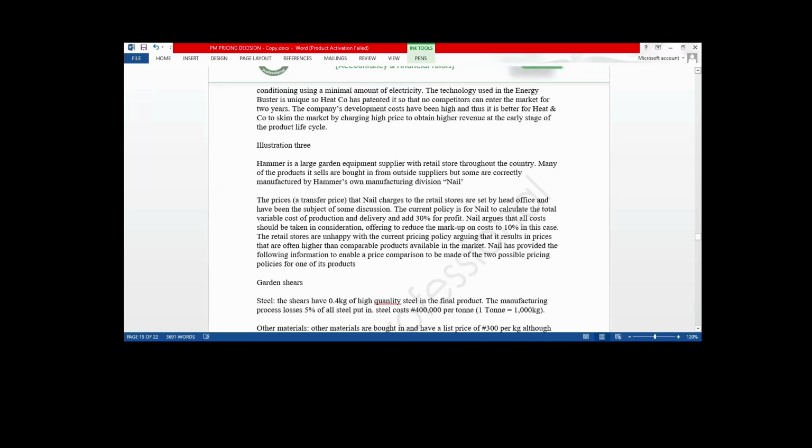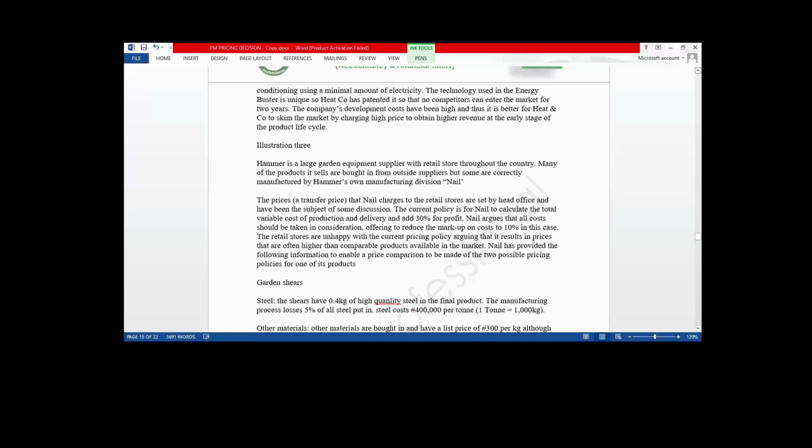AMA is a large garden equipment supplier with retail stores throughout the country. Many of the products it sells are bought in from outside suppliers, but some are manufactured by AMA's own manufacturing division, NAIR.